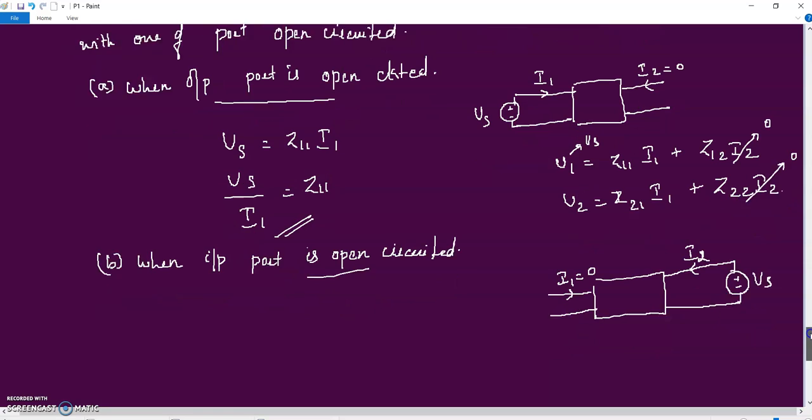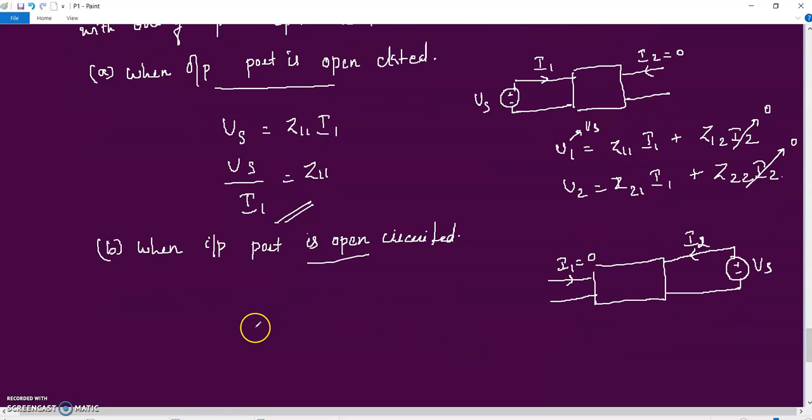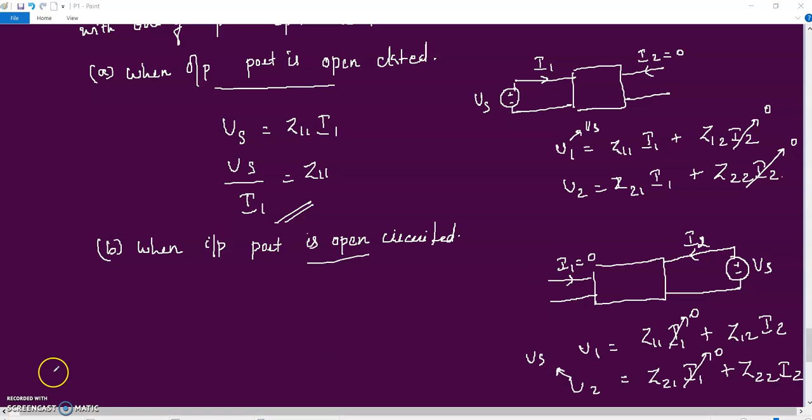In the equation, V2 will be equal to Vs and I1 is 0. So we will have Vs is equal to Z22 I2, that is, Vs by I2 is equal to Z22.